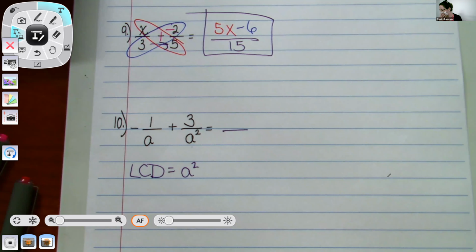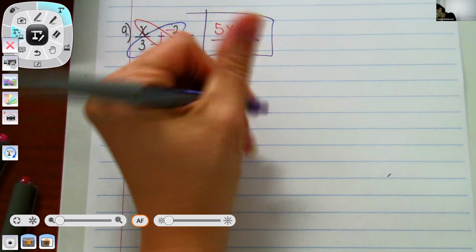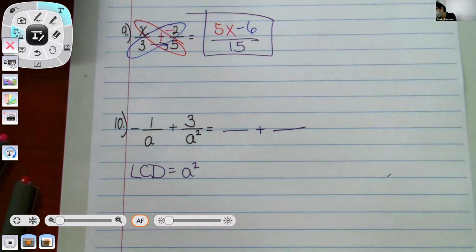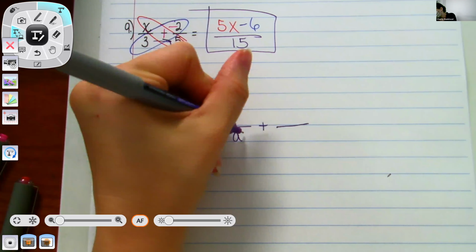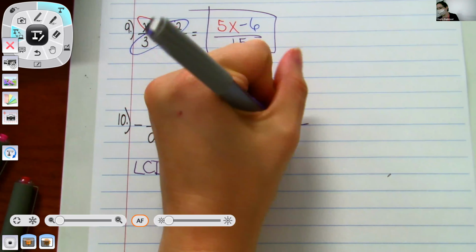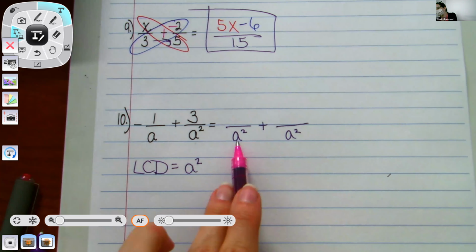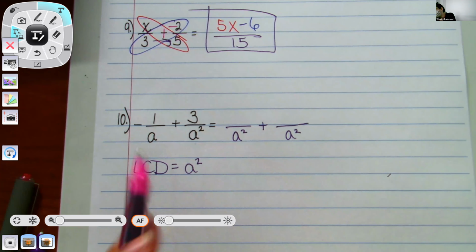When you figure out what your LCD is, you're going to ask yourself the question: what do I have to multiply with this denominator to equal that denominator? A times a is a squared.